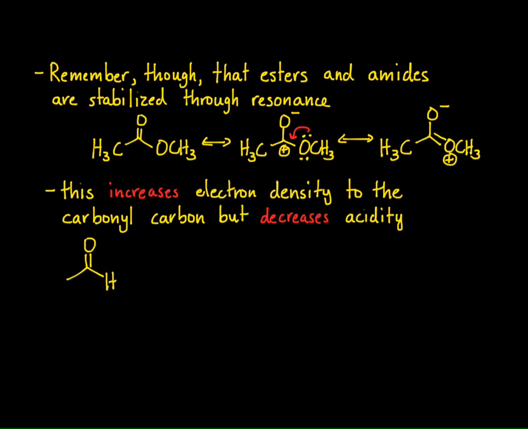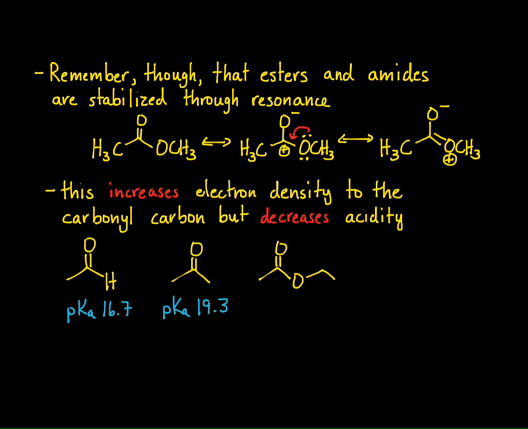Here I have acetaldehyde. We know the pKa of acetaldehyde is 16.7. We've already seen that acetone, a ketone, has a pKa of 19.3. How does an ester and an amide compare to these?